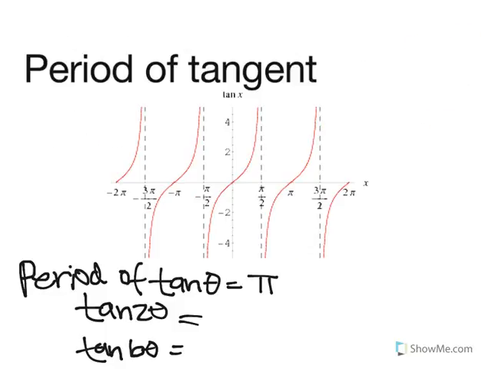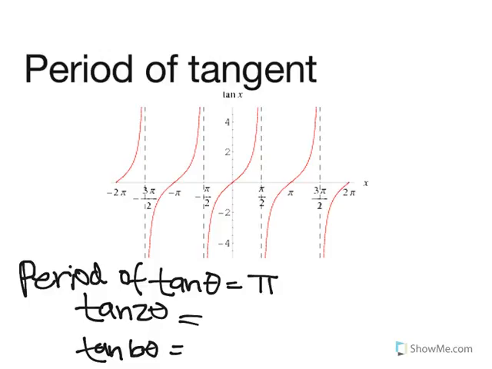So now we're going to talk about the period of the tangent function. As I'm sure you all know, the period is defined as the amount of time it takes for the function to repeat one cycle. Or an easier way to look at it is how long it takes for it to repeat itself.